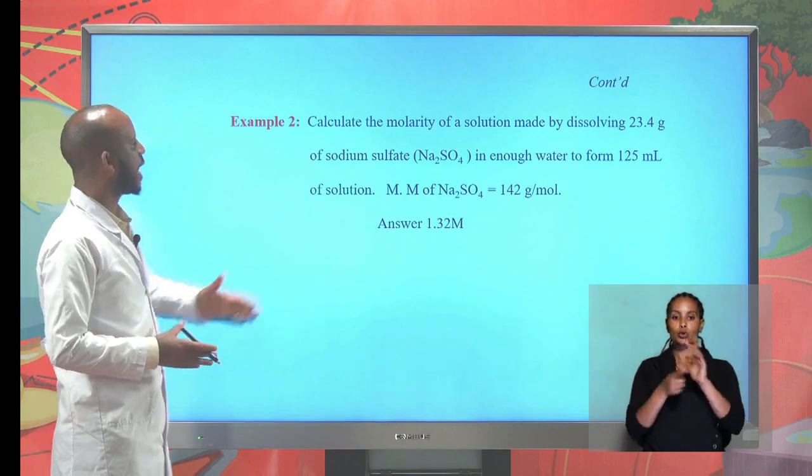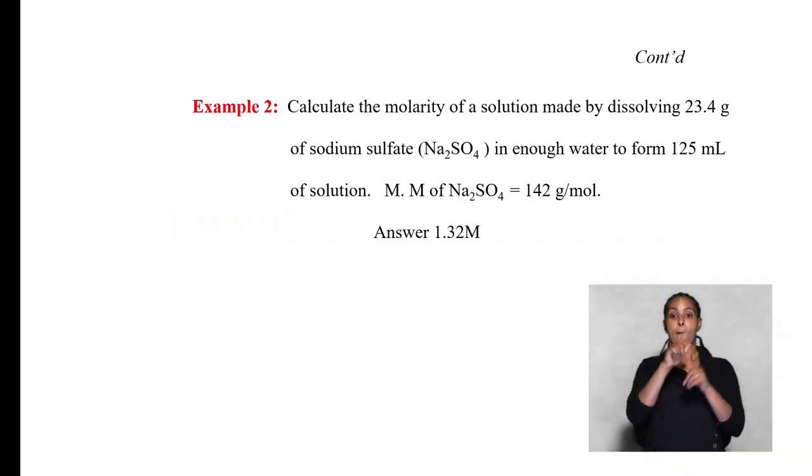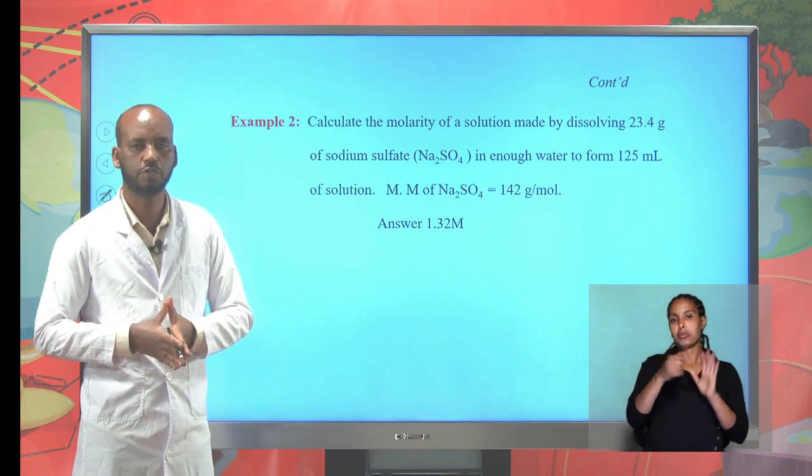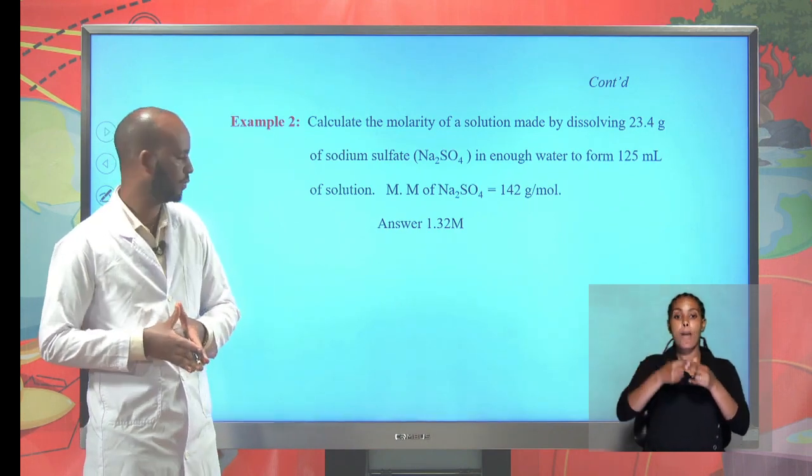Example 2. Calculate the molarity of a solution made by dissolving 23.4 gram of sodium sulfate in enough water to form 125 milliliter of solution. Molar mass of sodium sulfate is 142 gram per mole.